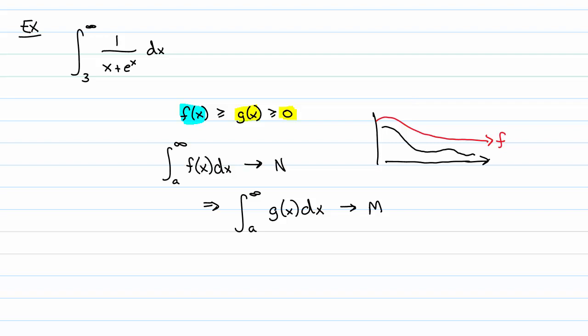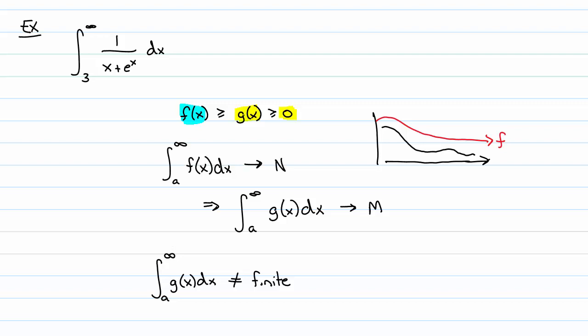On the other hand, if the area underneath g, I could use that same exact picture in fact, if the area underneath g is not finite, and in this case, because they're both positive, what that basically means is that it tends to infinity. That's just the idea there. Because g is positive, what it's going to do every step of the way is add more area.